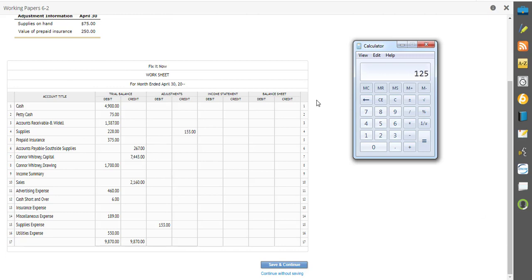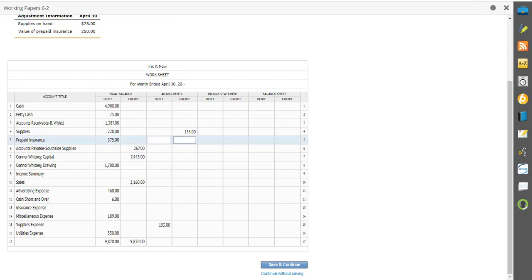So we have used $125 worth of insurance. So my insurance is going to go down $125. So I'm going to credit prepaid insurance because a debit minus a credit makes it go down. And therefore I need to have a matching debit. So I'm going to debit insurance expense $125.